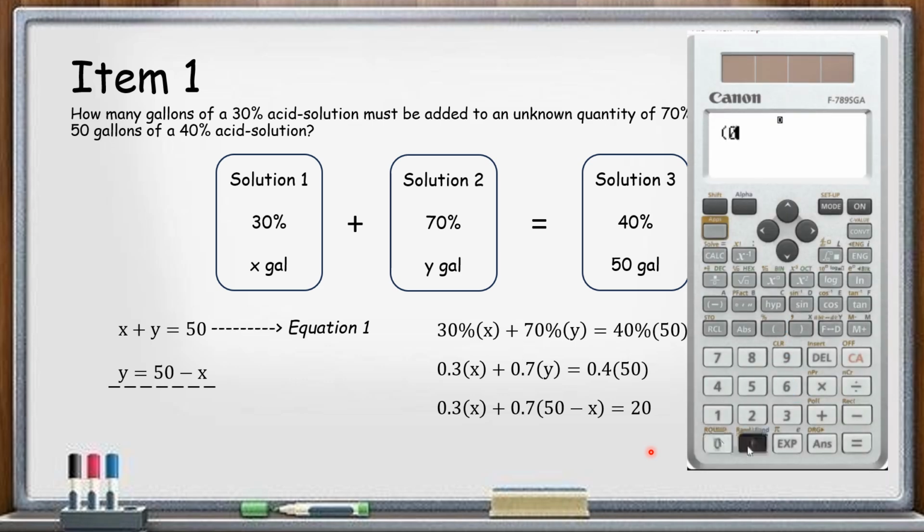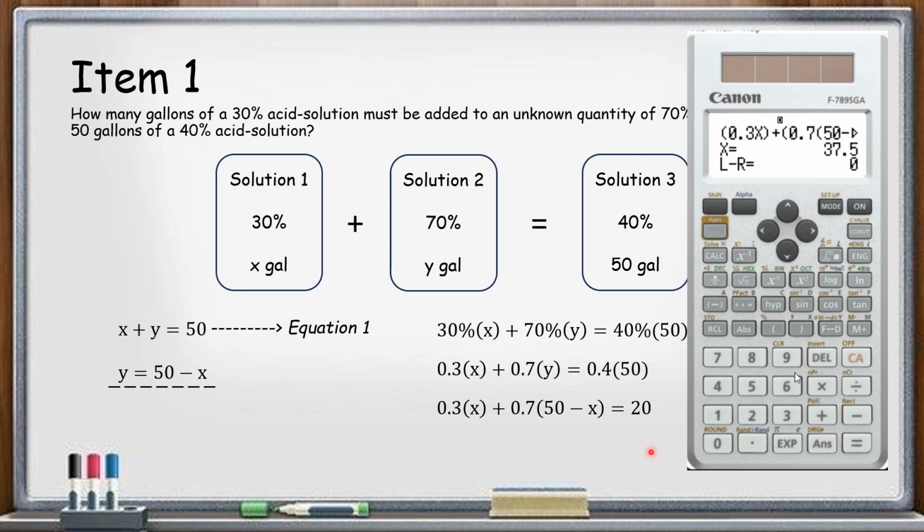So 0.3 times x plus. Now be careful when entering parentheses in your calculator. Make sure that the number of parentheses when it's inside of another set is correct. Otherwise, you'll end up repeating entering the equation again.